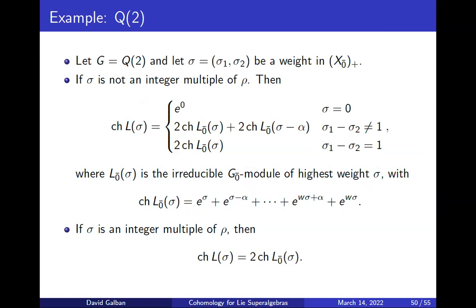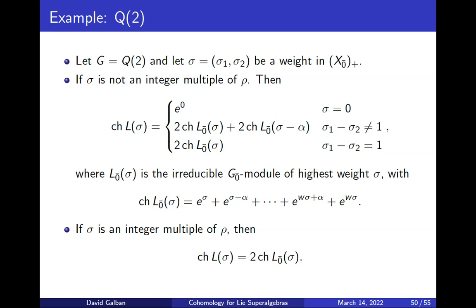So if we look at what happens in the specific case of Q2, suppose we have G as Q2 and let sigma be (sigma 1, sigma 2), just some weight. A result from Pankov computed what the formal characters of all of the irreducible Q2 modules are.